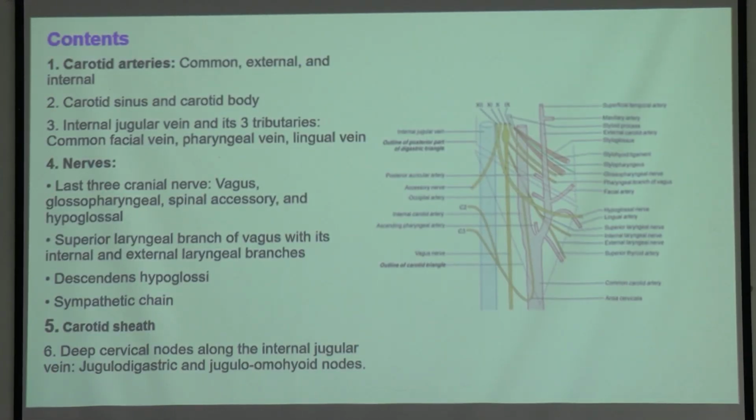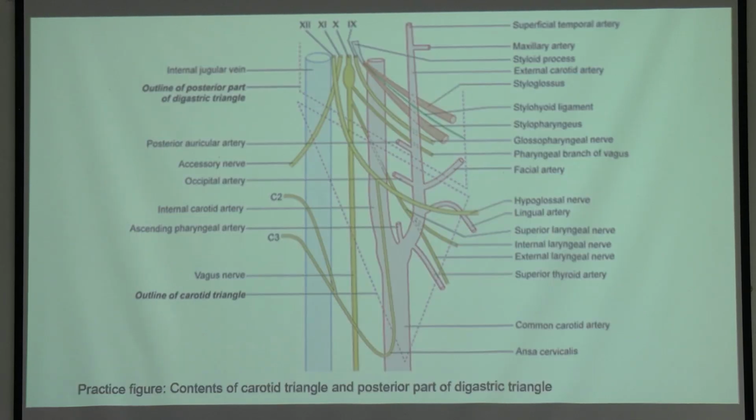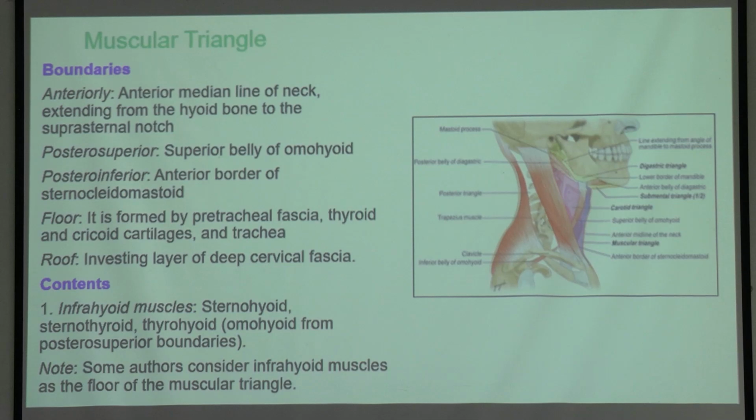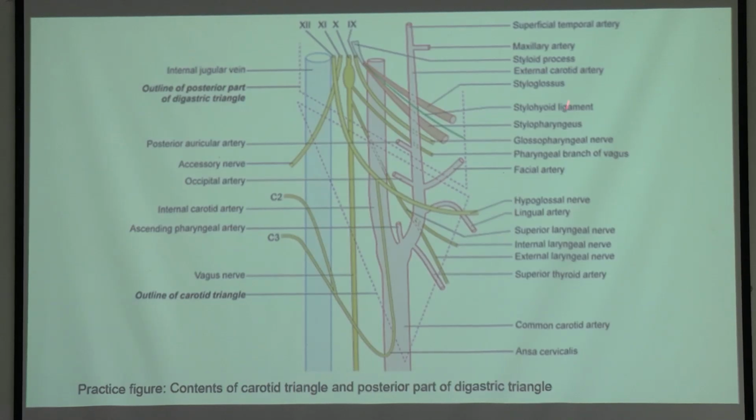This figure shows the content of the carotid triangle. And this is the magnified figure, and here we can find the common carotid artery, which breaks into two divisions: the internal carotid, which remains lateral, and the external carotid.